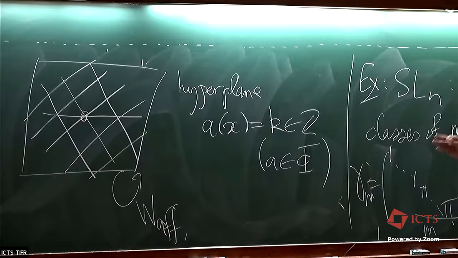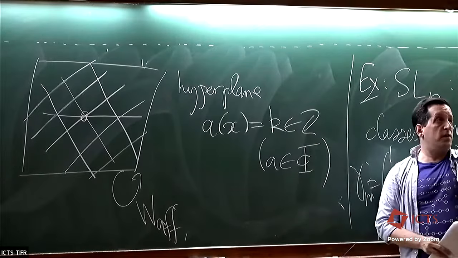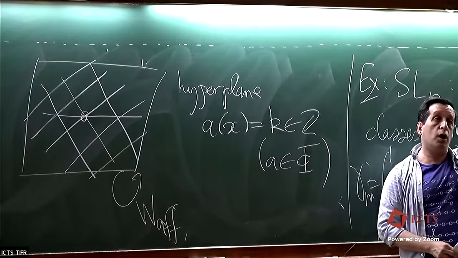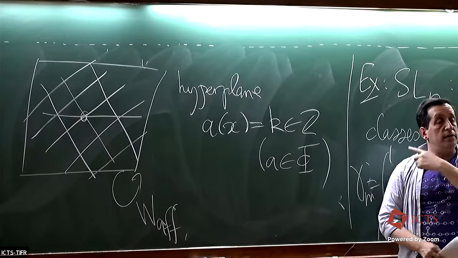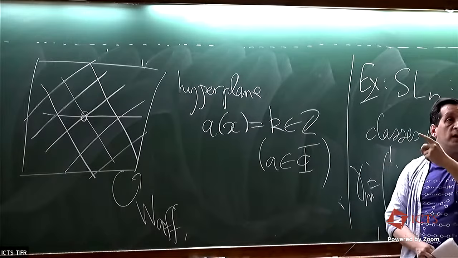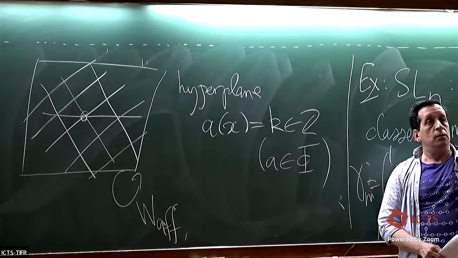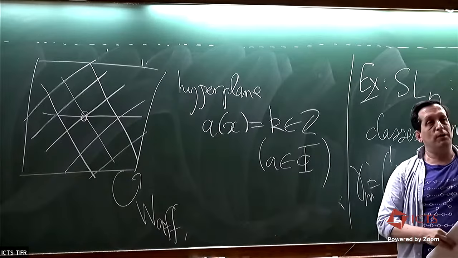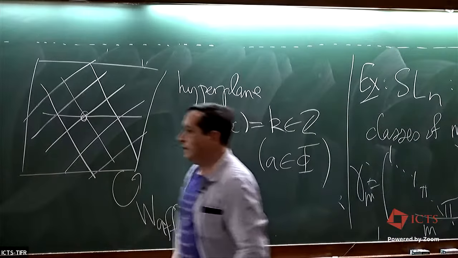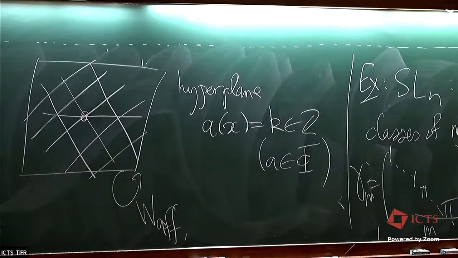And then one can try to write down a fundamental domain for this. In the context of the usual Weyl group, the fundamental domain is a Weyl chamber, which is some cone that goes off to infinity. In this context, because there are so many more hyperplanes, the fundamental domain will actually be a simplex. Okay, or something close to a simplex, right? And that turns out to illuminate this example as follows.